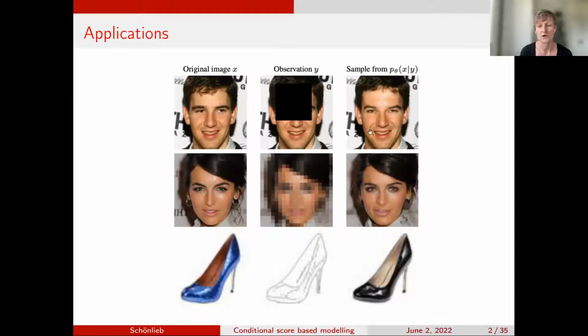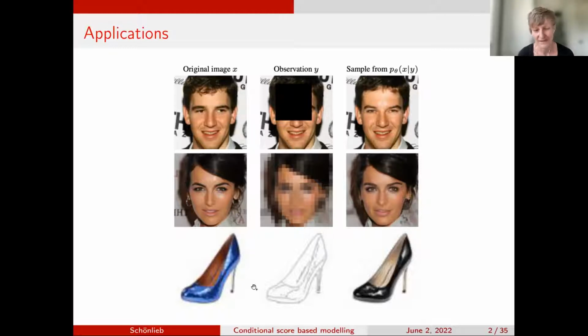So you want to use image generation as a way to do inpainting, where inpainting is a task where you want to restore an image in a domain where it's damaged, or where you have some occlusions, for instance, like in this case. Or for super resolution, where you have a low resolution image and you want to generate a high resolution image. Again, the generation here is conditional on you knowing what the low resolution image looks like.